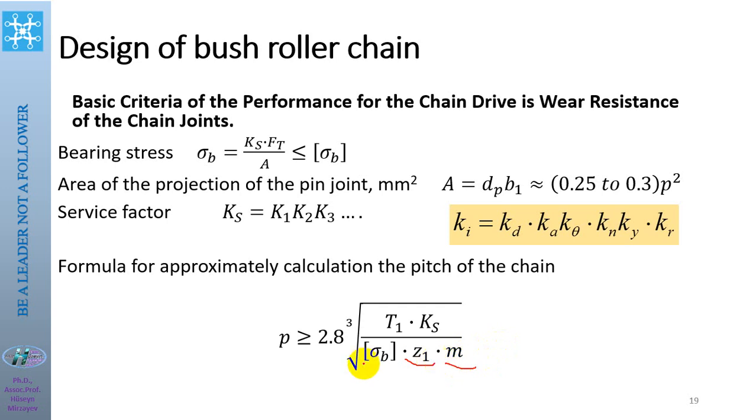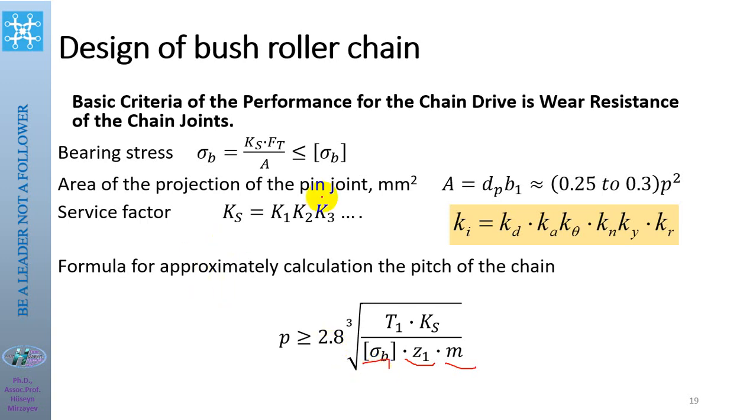And sigma B or PB, this is the bearing stress of the chains. This may be selected depending on the pitch and angular velocities of the driving shafts from the tables.